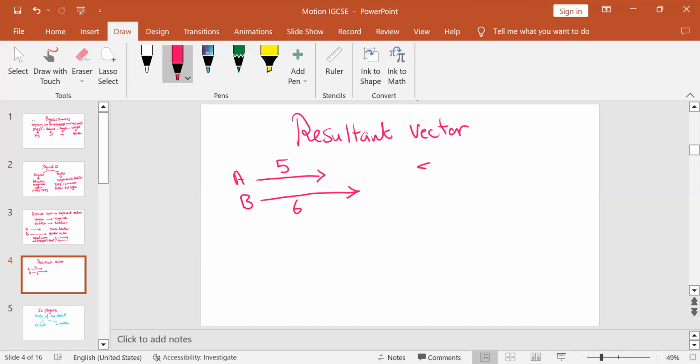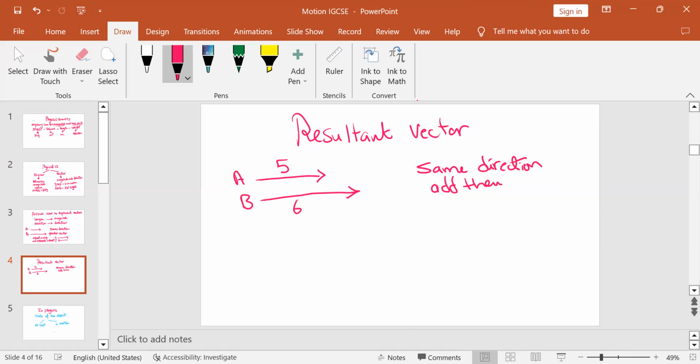If they are in the same direction, what do you think? Are we going to add or subtract? Add. Bravo, excellent. We add them.